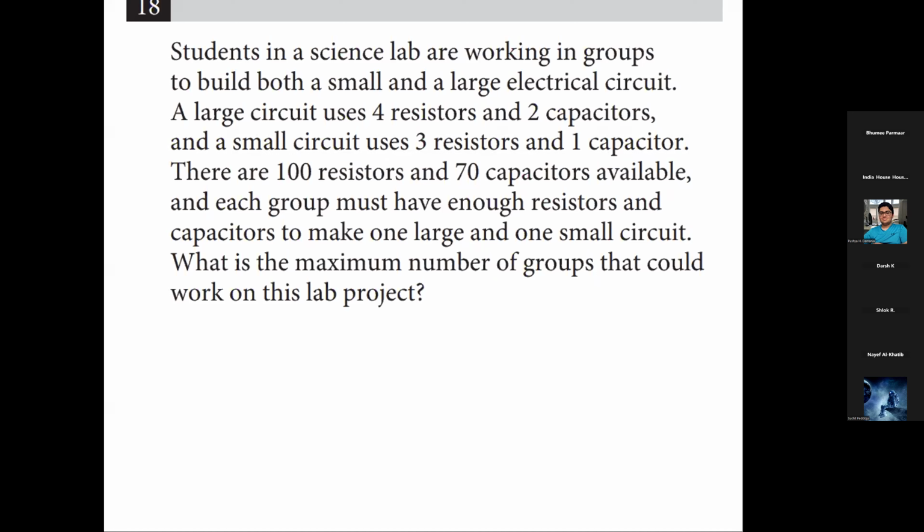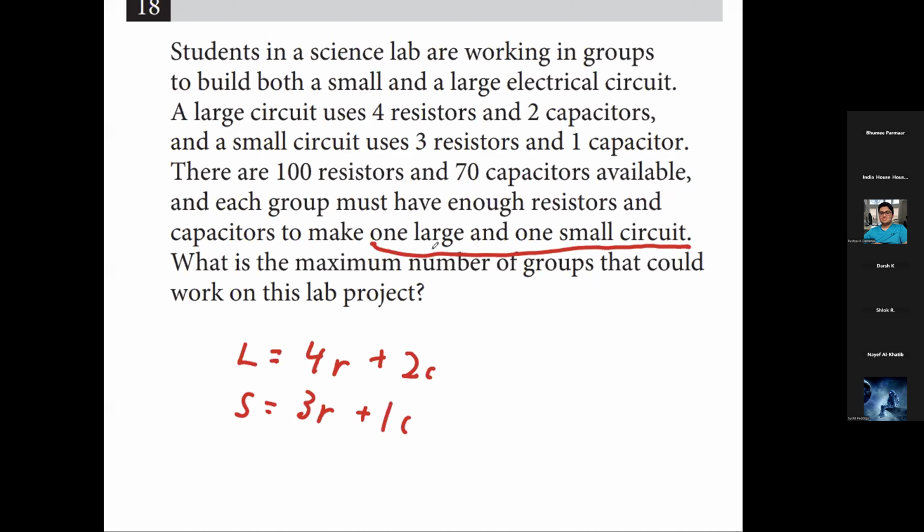Okay, so for question 18, we're told that students have to build a small and a large circuit. Each group must have enough resistors and capacitors to make one large and one small circuit at minimum. So a large circuit is four resistors and two capacitors, and a small circuit is three resistors and one capacitor.